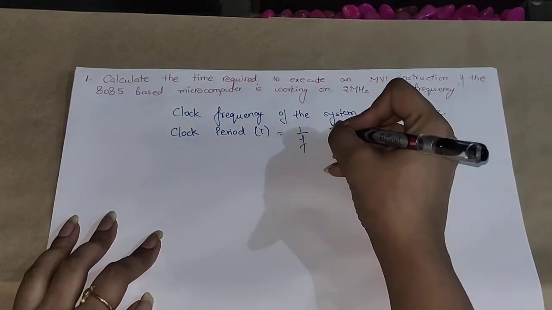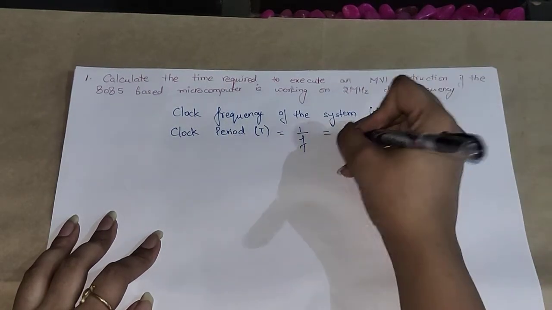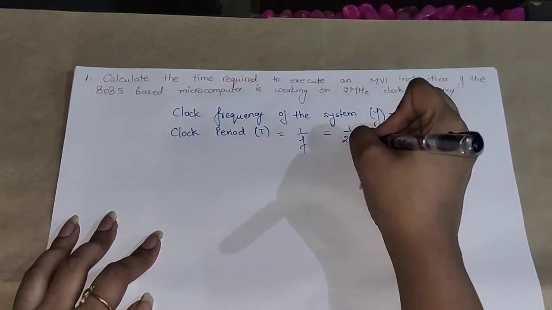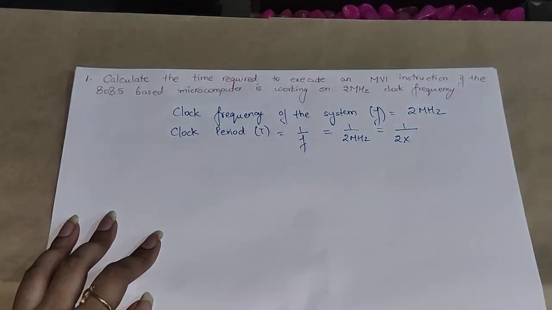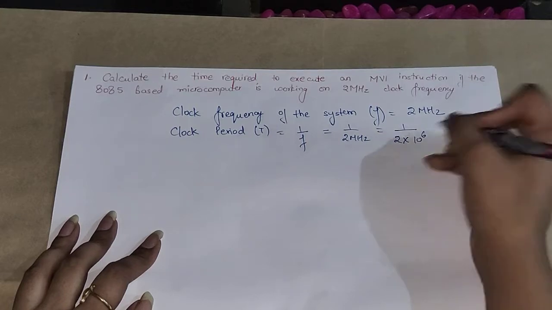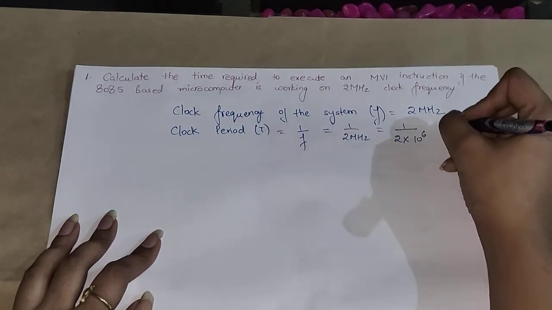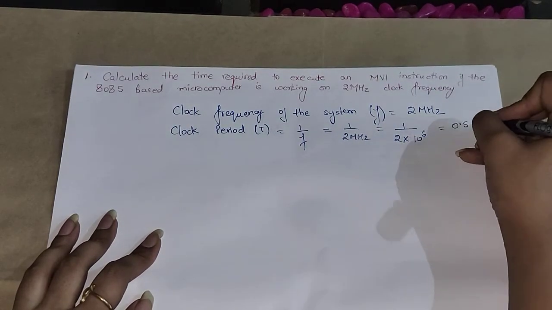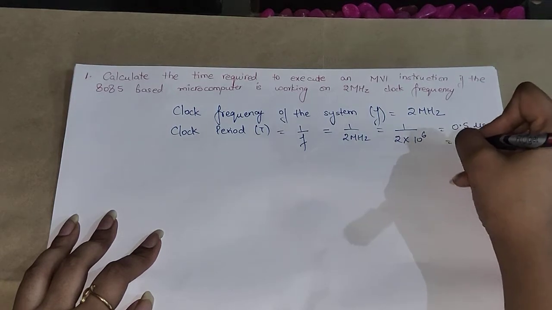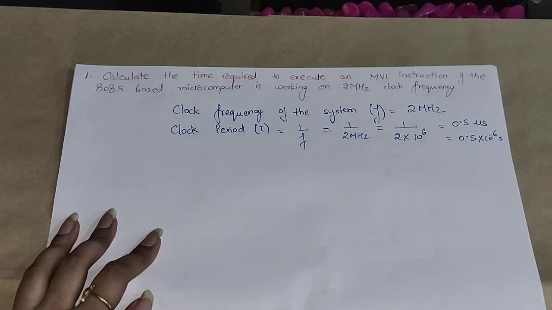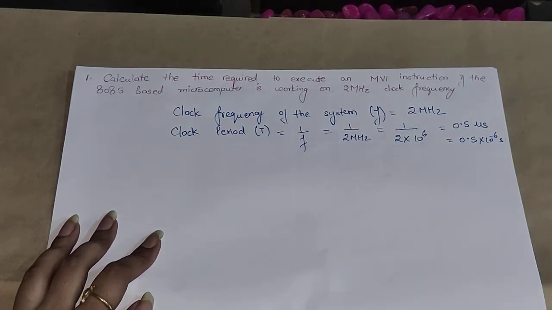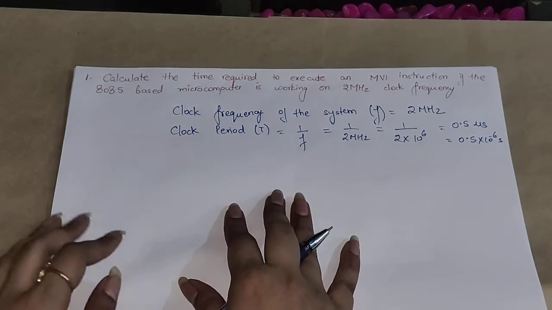So T equals 1 upon F, that means 1 upon 2 megahertz. Convert megahertz into hertz, so 1 upon 2 into 10 raised to the power 6. This is equivalent to 0.5 microseconds, or 0.5 into 10 raised to the power minus 6 seconds. Okay, now the time period is done.